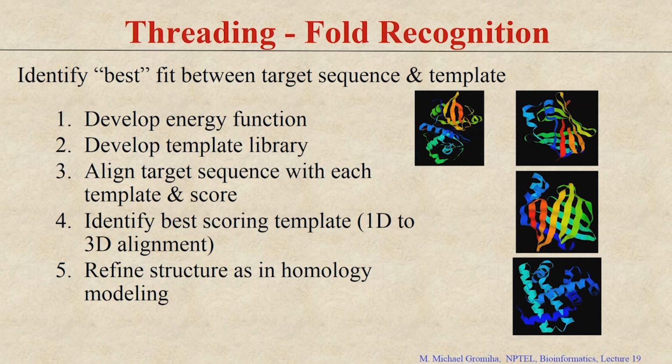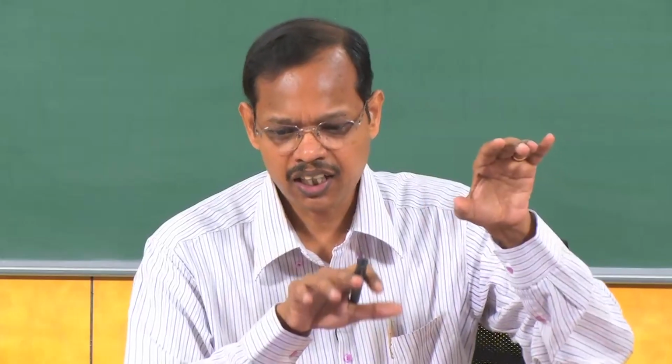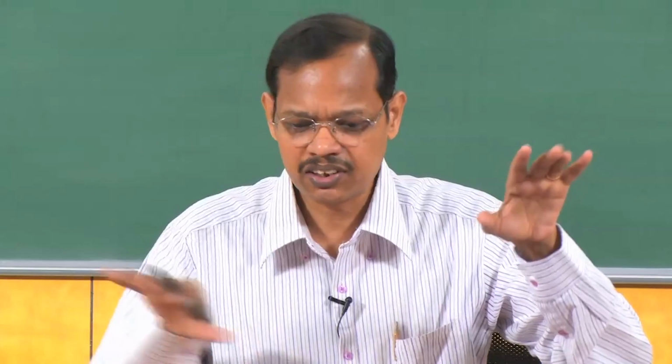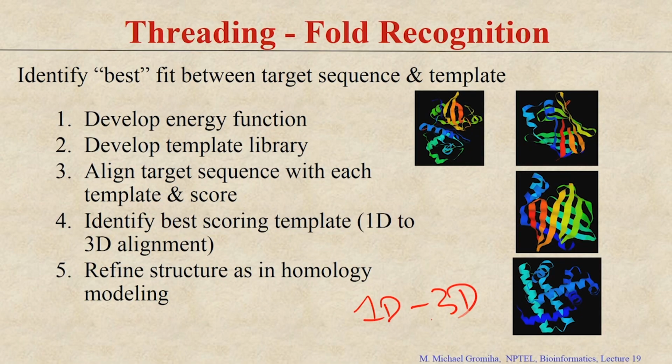There is another method called threading, or fold recognition. In this case you look for the best fit between the sequence and template. For example, if you have a sequence, from the sequence we can derive some information, we have an energy function, and we see how this can fit with the structures. This is a kind of 1D to 3D alignment.